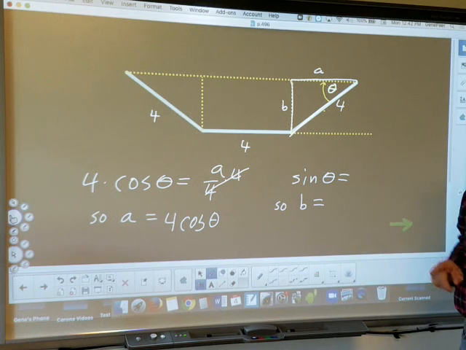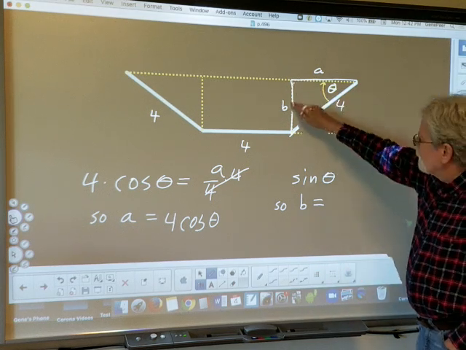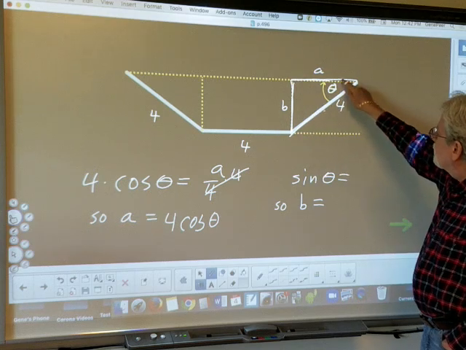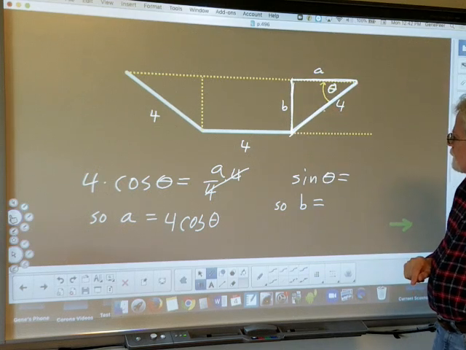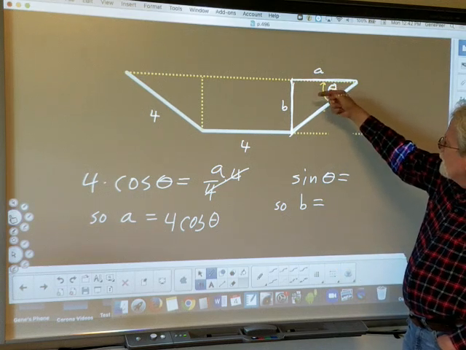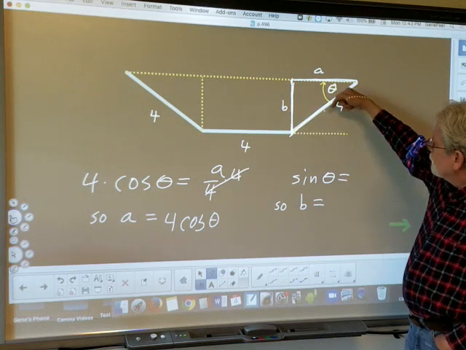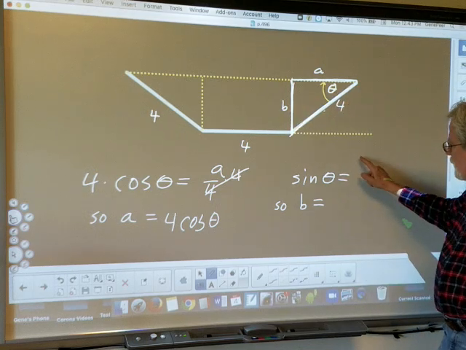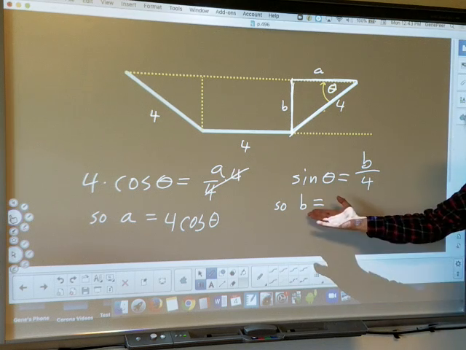Now what's the sine of theta? Why do we care? Well, because we're not only interested in this distance, we're also interested in b as well. So we're going to use sine to find that one. Sine of theta is opposite over hypotenuse, or b over 4. Therefore, what's b?